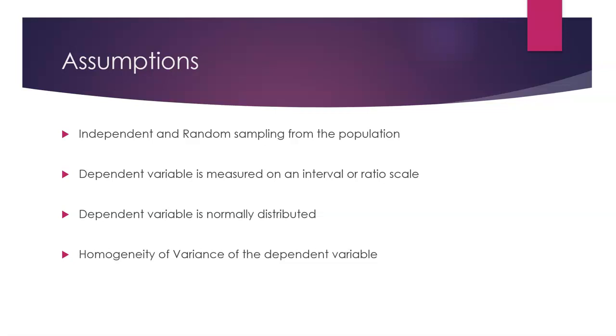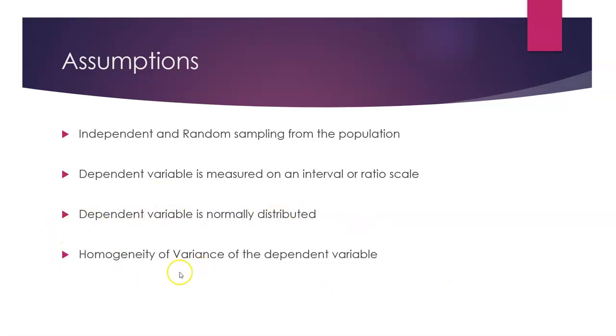They're each going to only supply a single data point. Now, there are ways in which we can do within subjects designs with ANOVA, kind of like our paired samples t-test, but that's beyond the scope of our discussion right now. We have a dependent variable that's measured on an interval or ratio scale, again, same as the t-test. And our dependent variable is normally distributed. Again, same as the t-test.